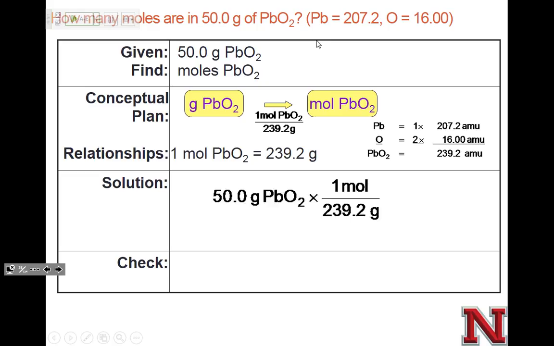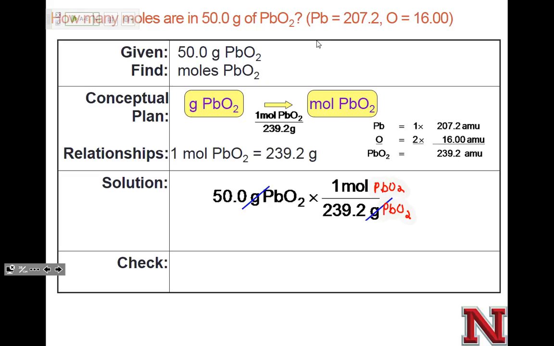So we want our grams at the bottom. And again, what I like to do, right now it's not as important, but later on, and this is just to remind you, that this is specifically for this compound. This would be different for another compound, so I like to draw this in to remind myself, and later on, this will be important when we are using equations as relationships.